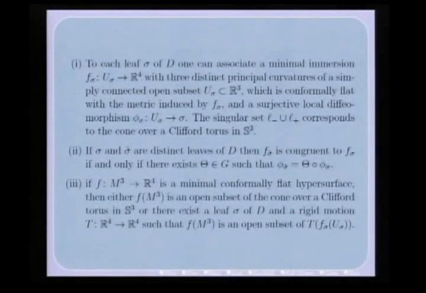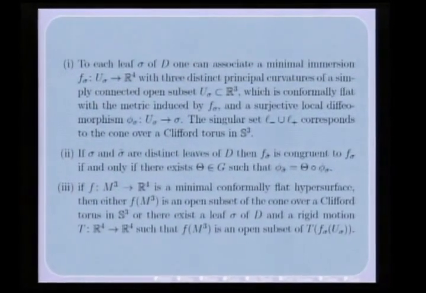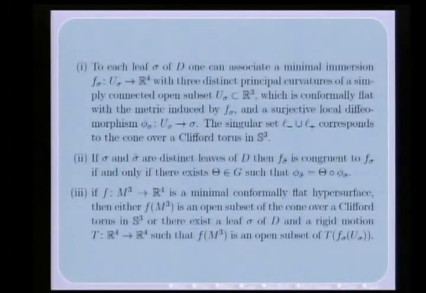And once you have a minimal conformally flat hypersurface, either it's an open subset of a cone over a Clifford torus, or it's congruent to the hypersurface you construct from a leaf of the distribution I mentioned before.